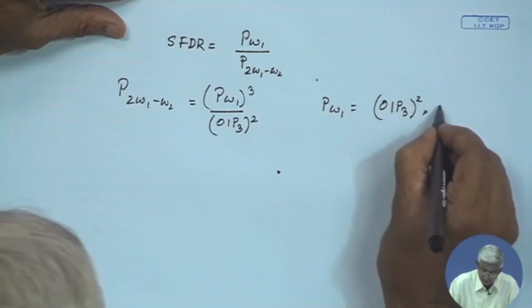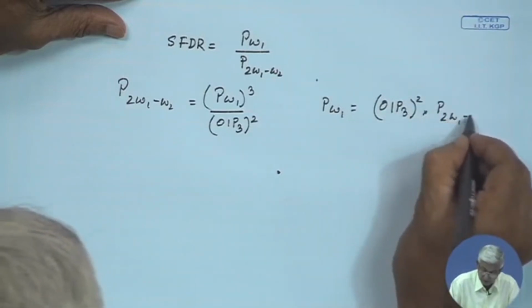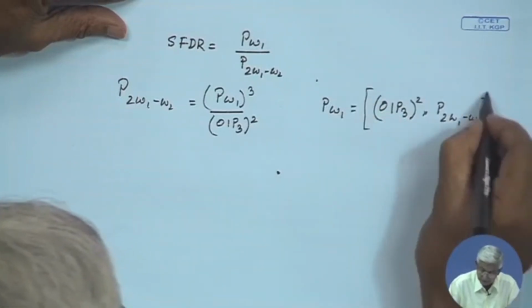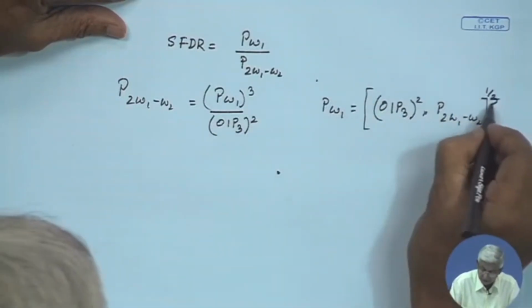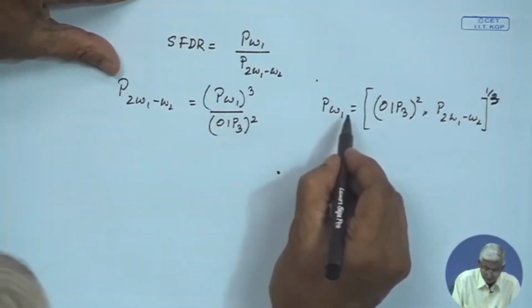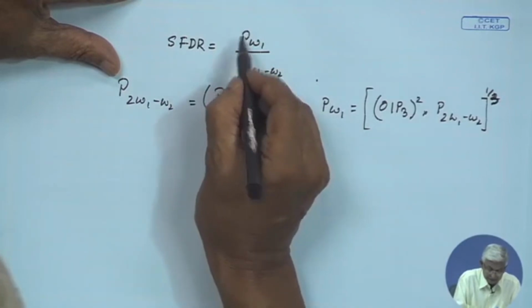OIP3 square into P(2ω1 minus ω2) to the power 1/3, because this was cube. So, this P(ω1) we can substitute here.